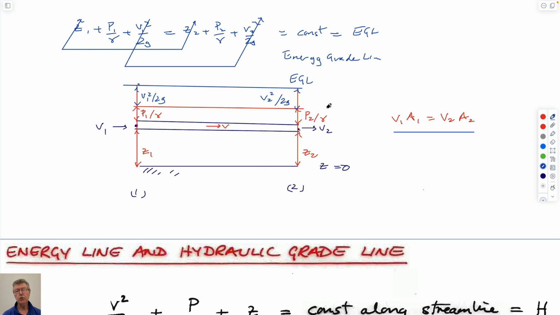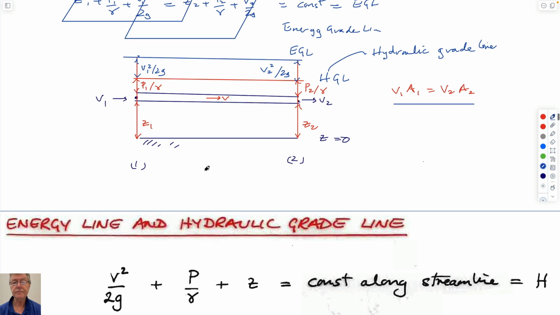So we call this the energy grade line. We call this line here the hydraulic grade line, just out of convention. And the hydraulic grade line is just the sum of the elevation head and the pressure head, just by convention. So that's a useful way for us to think about this.